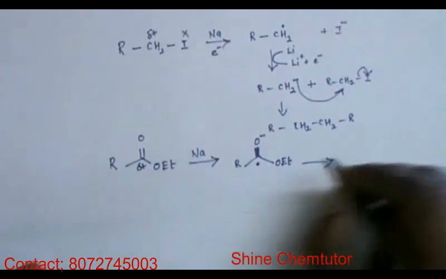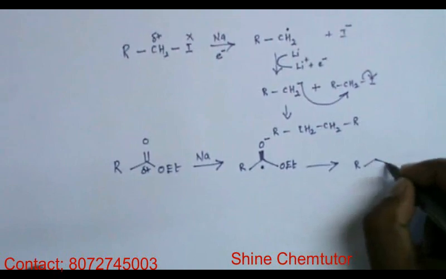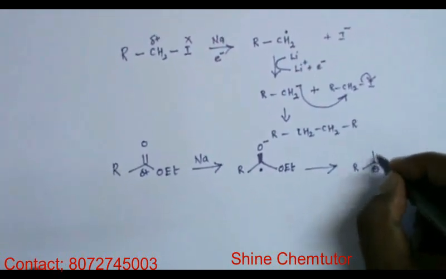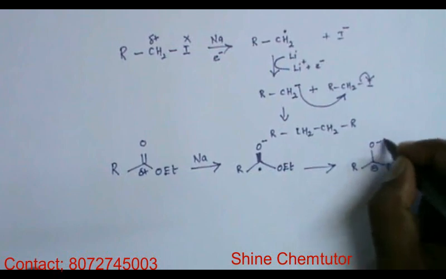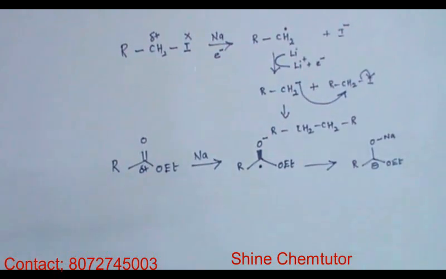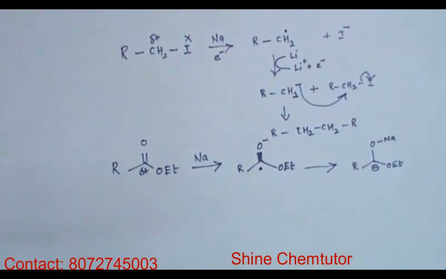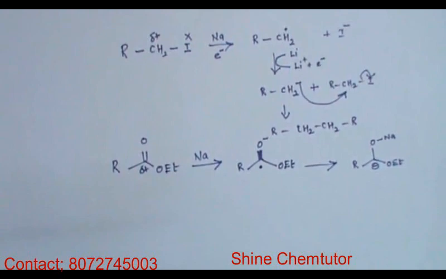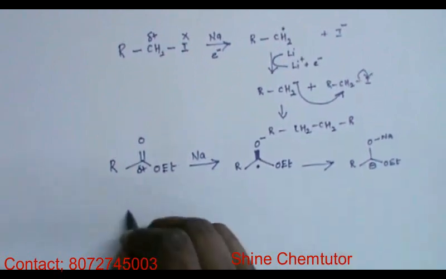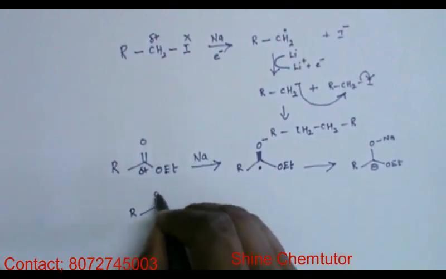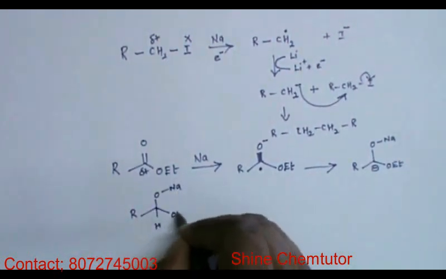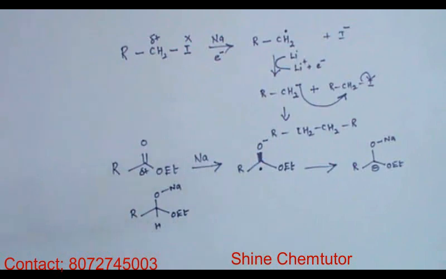Further, one more electron can be delivered. Because of that, we may get this one. Now this minus charge, carbanion, it is nucleophile. It can take proton and we get hydrogen here.